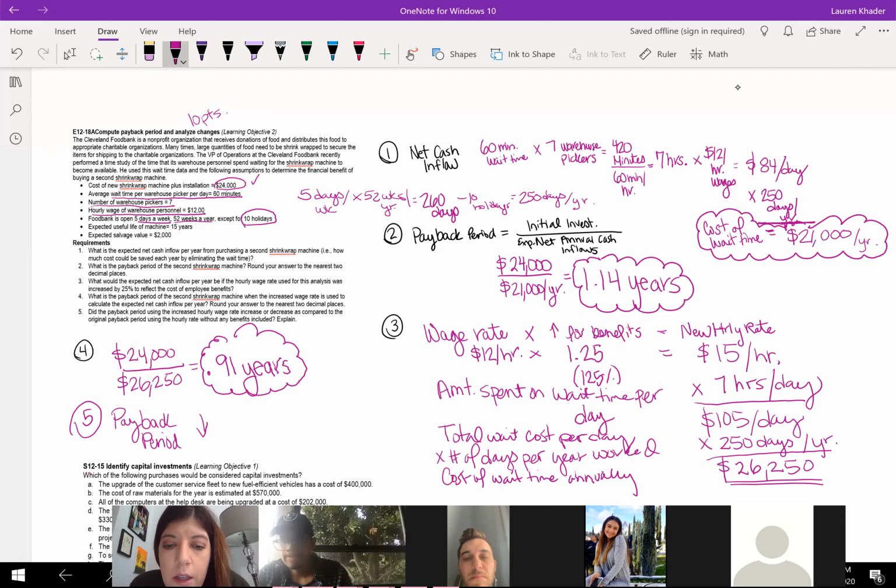When you have employees, you pay benefits typically, and now you're saying you have even additional savings per year. So your annual net cash inflows increase, which is going to cause your payback period to decrease. It'll take less time to pay off that initial investment because it's a higher cost savings.